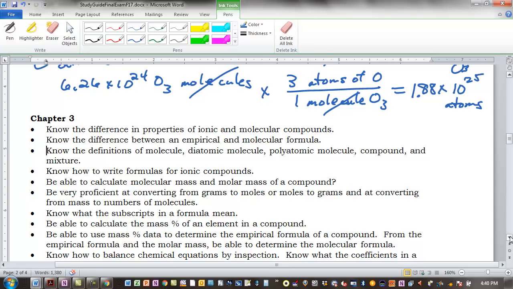Metal cation, non-metal anion, or metal cation with polyatomic anion, like nitrate, sulfate, carbonate, phosphate, things like that. But typically, for our purposes, if you see a compound with a metal, there's a good chance it's ionic. So it's going to be a metal with a non-metal, or a metal with a polyatomic anion.